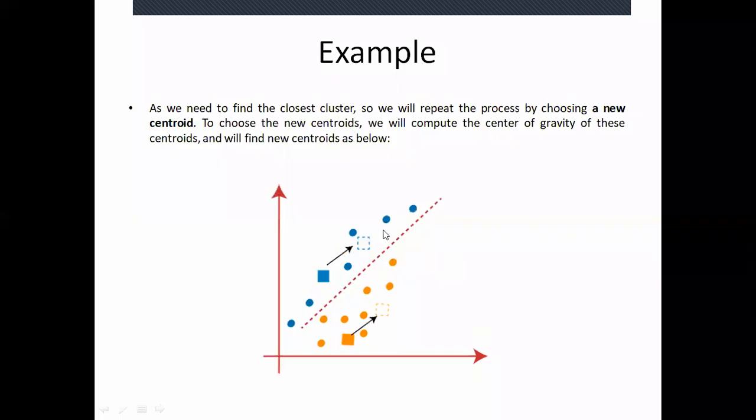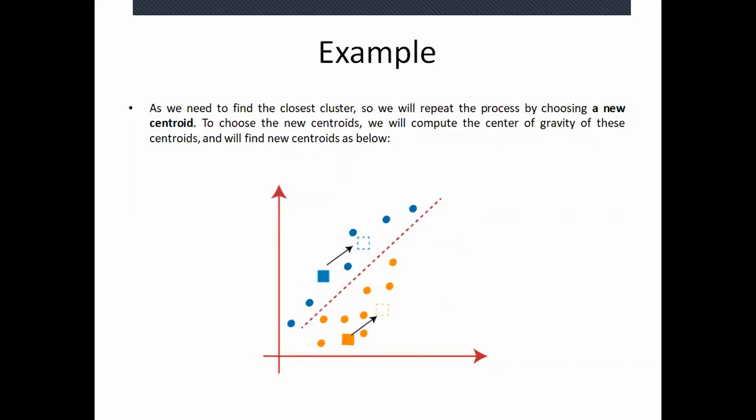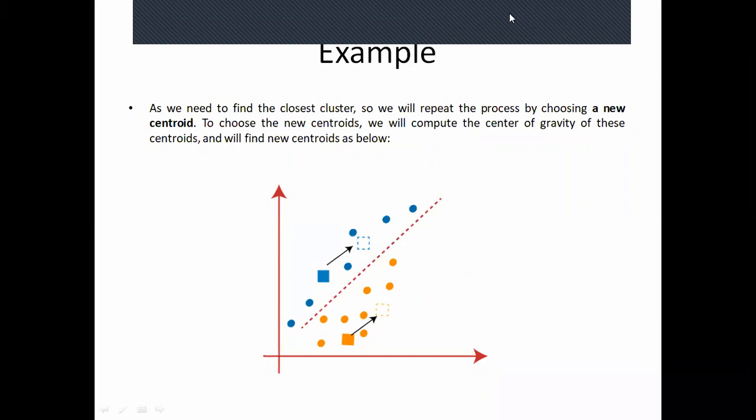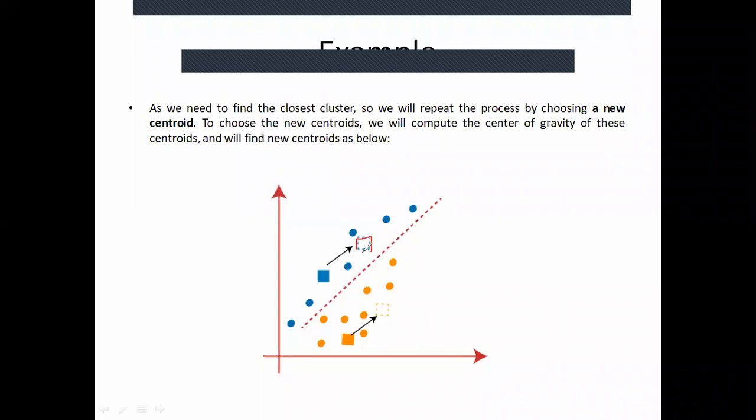After changing the centroids, there may be some data points that were initially close to this one but are now close to the orange one. Like over here, you can see, once this data point is changed, suppose the new centroid is this one for the blue one.